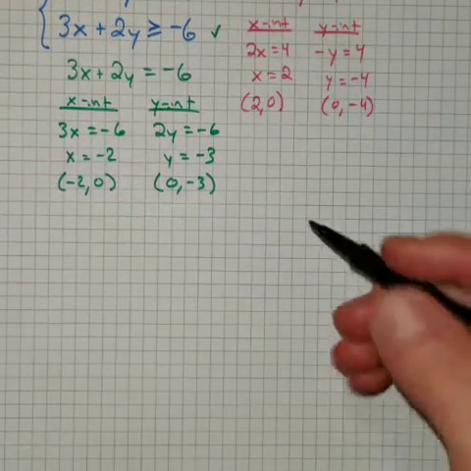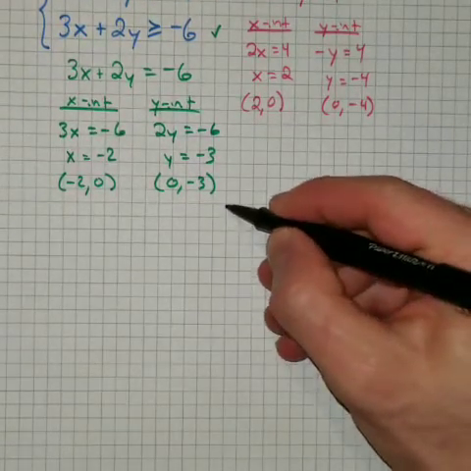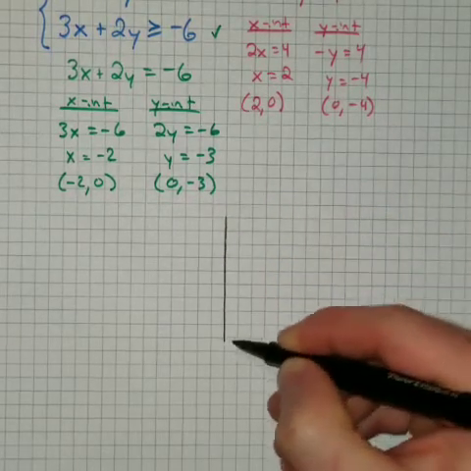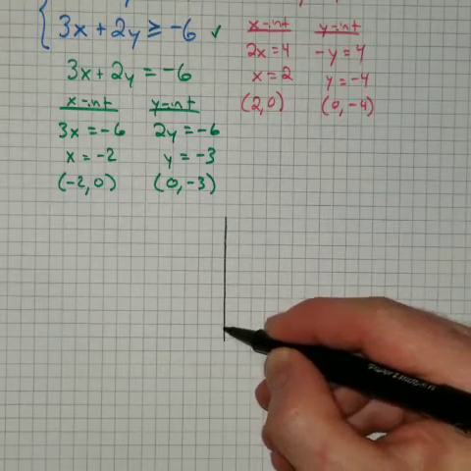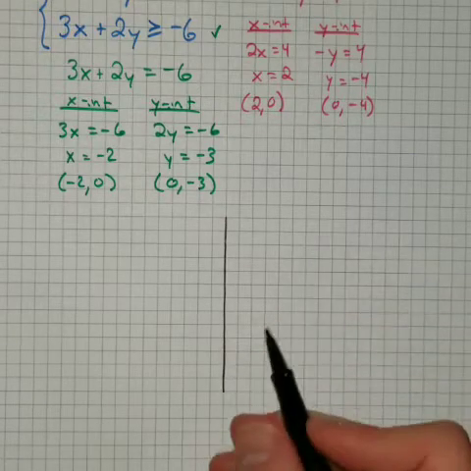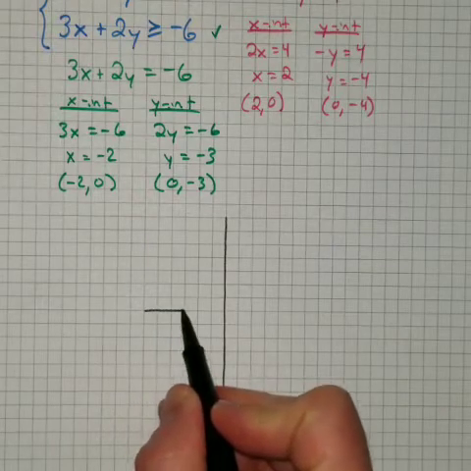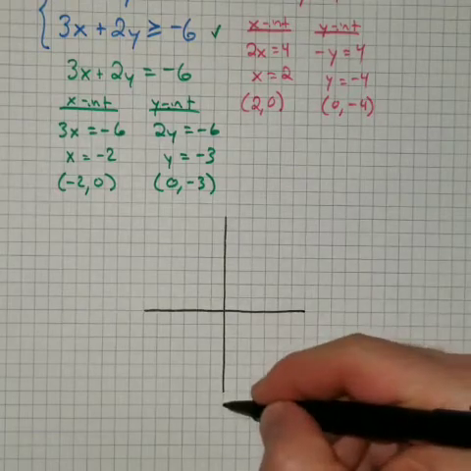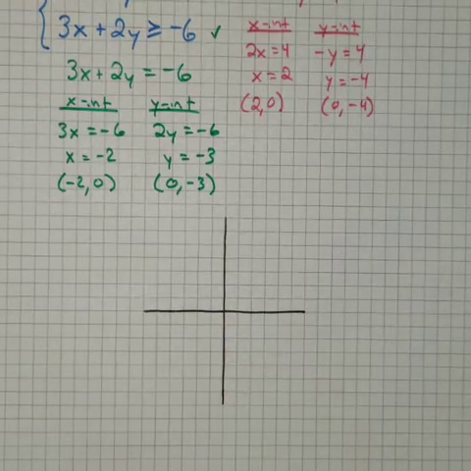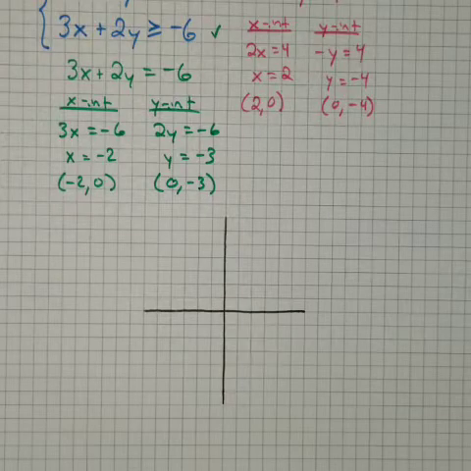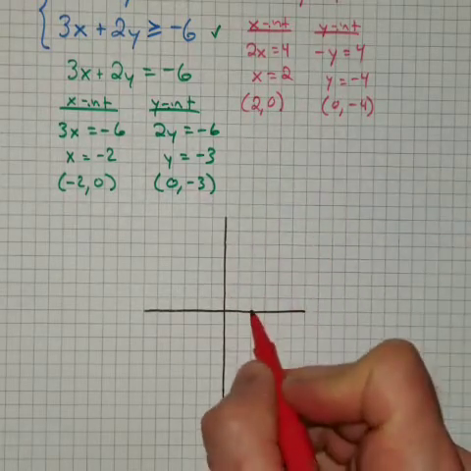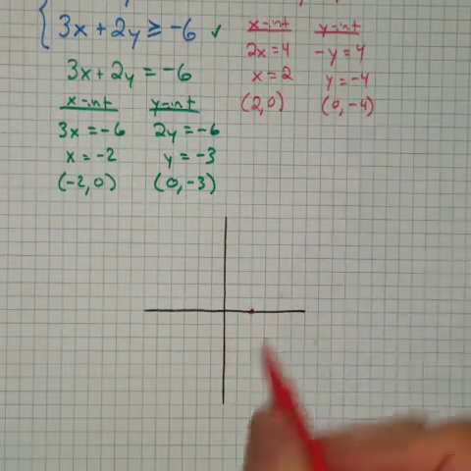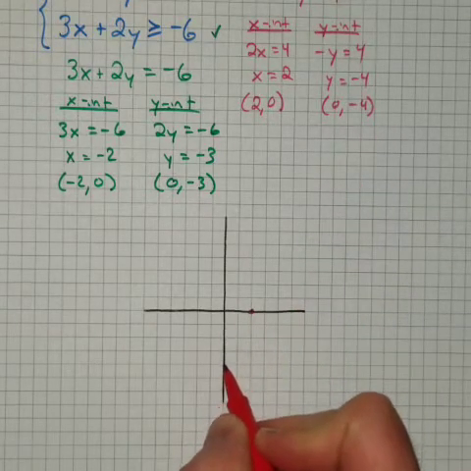Now I want to plot this. So let's sketch this out. I'll use a black marker for the axes. I might be going bigger than I need to here, but that's okay. I'd rather have it too big than not big enough. Now, for the red graph, I need (2, 0) for the x, and (0, -4) for the y.